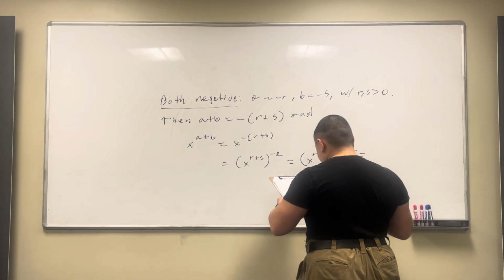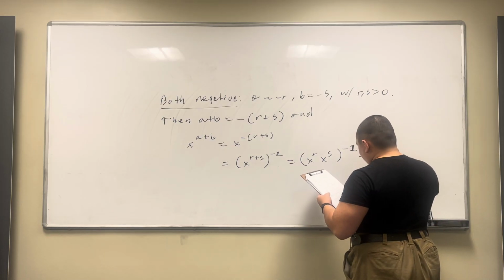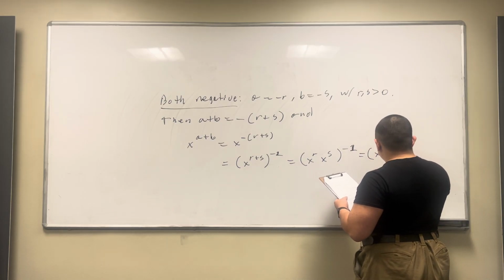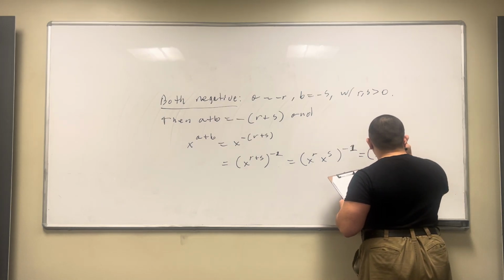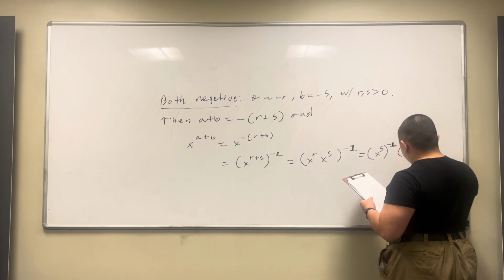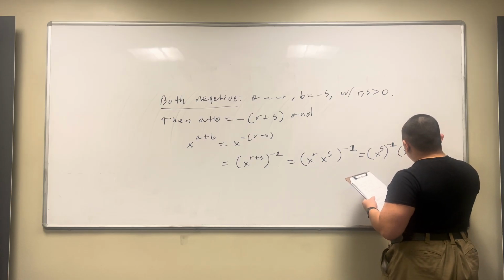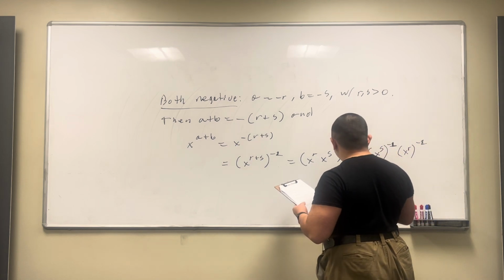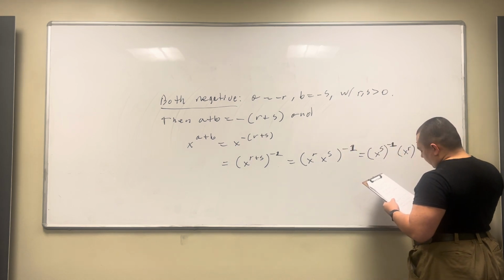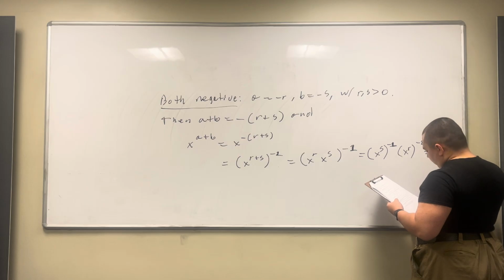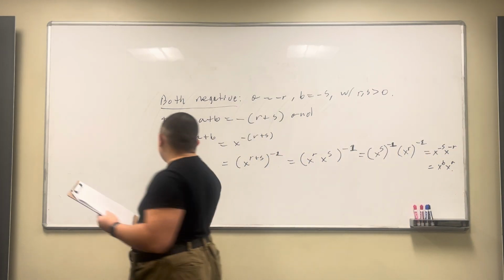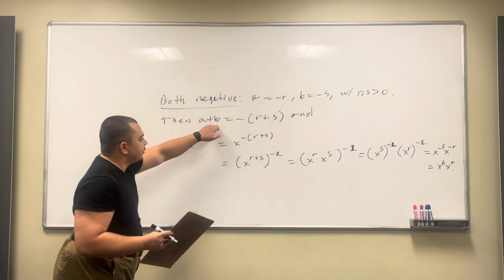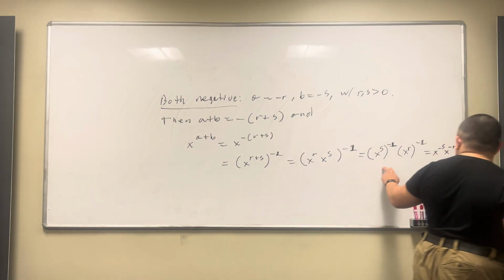So, (x^s)^(-1) times (x^r)^(-1), which is equal to x^(-s) times x^(-r), is equal to x^b times x^a. So, shoom, right? You should be able to trace that pretty reasonably.